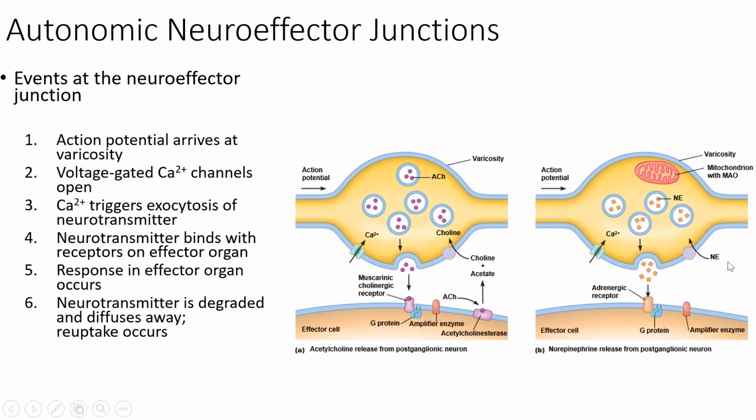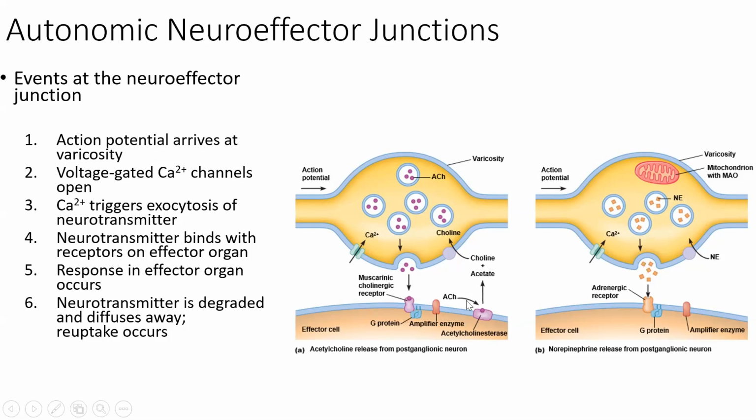We simply have norepinephrine in its entire state being reuptaken back into the varicosity and being recycled to make more norepinephrine synaptic vesicles. So the acetylcholinesterase enzyme that breaks down acetylcholine to acetate and choline is not seen on the sympathetic side because it does not break down norepinephrine. Norepinephrine, as it is, can be reuptaken into the varicosity. It can be repackaged into a new synaptic vesicle, and that can go on and on, okay?